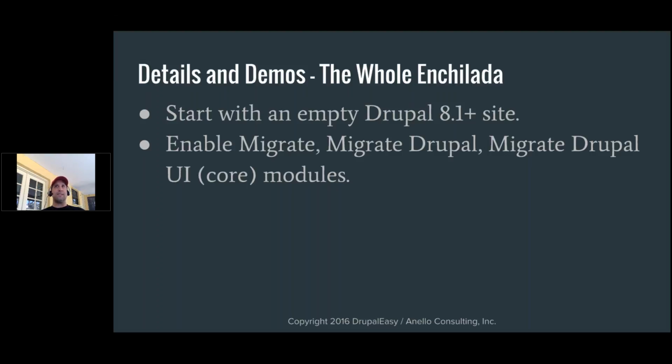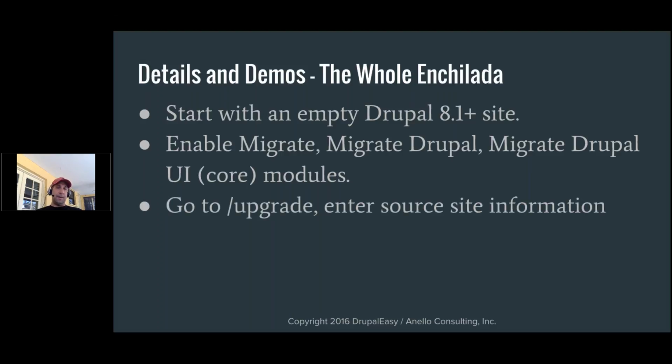They're all marked as experimental as of this moment, although we are trying to get rid of that experimental tag because they're pretty good right now. There's a couple issues that we're trying to get resolved before we move them out of experimental, but they're all in Drupal 8 core. And then you go to /upgrade on your D8 site.